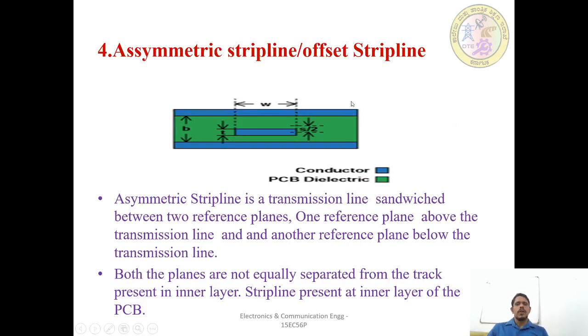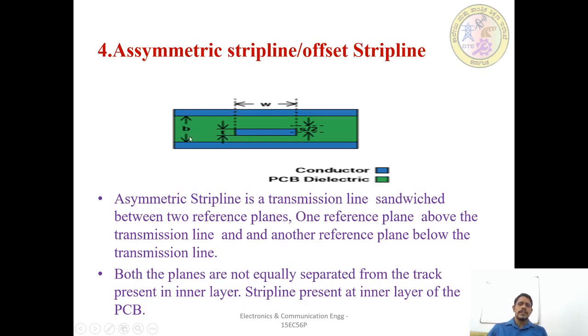Asymmetric strip line or offset strip line. The diagram shown here is the asymmetric strip line. In asymmetric strip line, this is the signal carrying conductor. W represents the width of the signal carrying conductor. T represents the thickness of the signal carrying conductor.